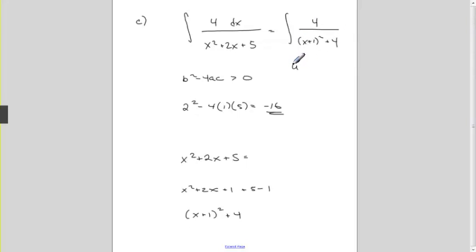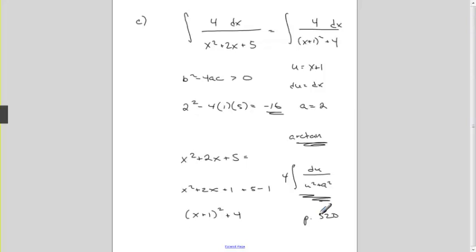So then we'd use a substitution that u is x plus 1, du is equal to dx, a is equal to 2, and then we'd be able to use the arctangent as the solution, because it fits. Once we made those substitutions, and I forgot the dx up here, you'd have 4 times du over u squared plus a squared, and this integral is on page 520 as a simple integral. So that's how you would do that problem.